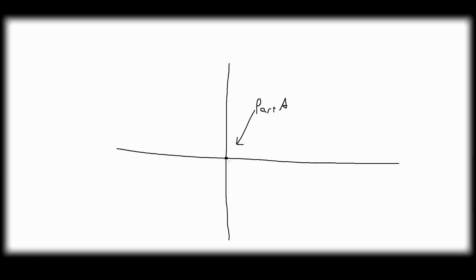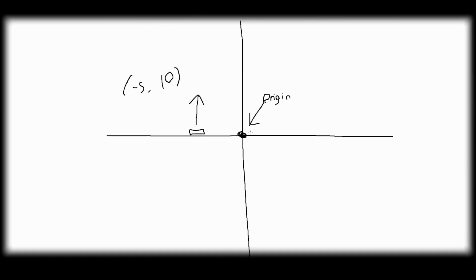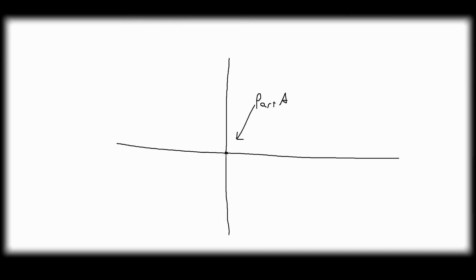So part A's centered. The origin is now going to be part A's CFrame rather than a normal world origin. So instead of the world's origin, the center of the map, think about it, the center of the map is now going to be part A's CFrame.